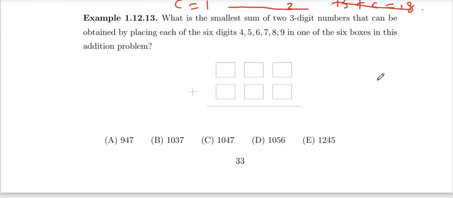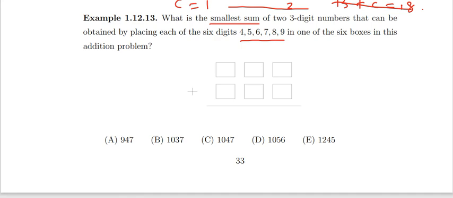Okay. What is the smallest sum of 2 3-digit numbers that can be obtained by placing each of 6 numbers? Okay, so we have 6 numbers to put here, so make the sum as small as possible. So we should put those numbers as small as possible.